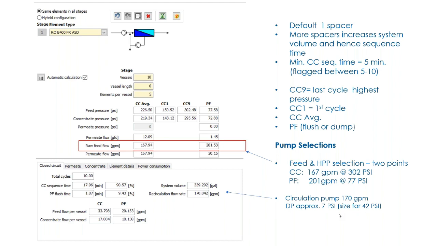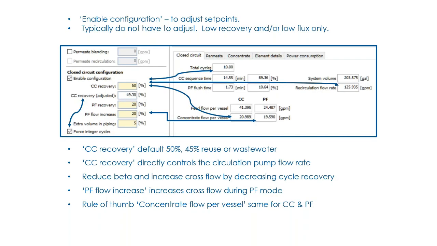And the logic behind that is, if the membranes are 5 years old, or if you have a trailer and you're just pushing the membranes to their end of life, you want enough pump to be able to overcome the plugged up membranes. And then the guideline is max DP of 40 psi across one pressure vessel.